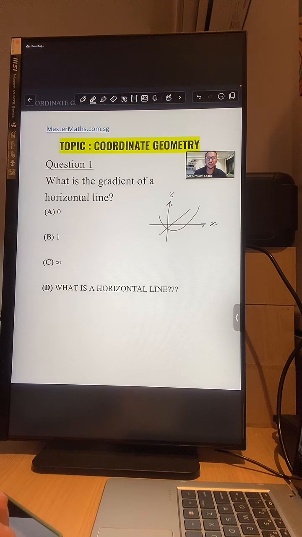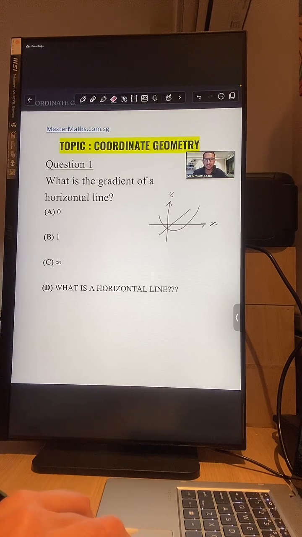Now, what is the gradient of a horizontal line? What is the gradient of a horizontal line? Some of you might be asking, what is a horizontal line? Is it A, 0, B, 1, C, infinity, D, what is a horizontal line?